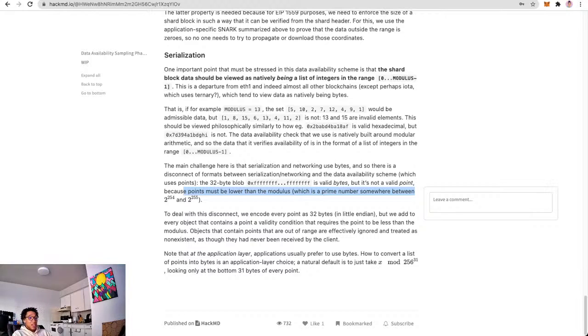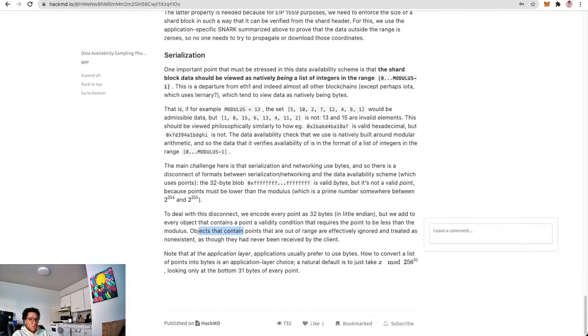To deal with this disconnect, we encode every point as 32 bytes in little endian, but we add to every object that contains a point a validity condition that requires the point to be less than the modulus. So you take the point, convert it to bytes, and they're valid bytes, but you also need to make sure that you are less than the modulus.